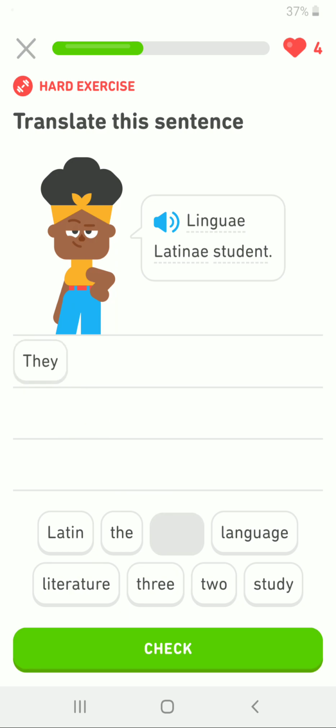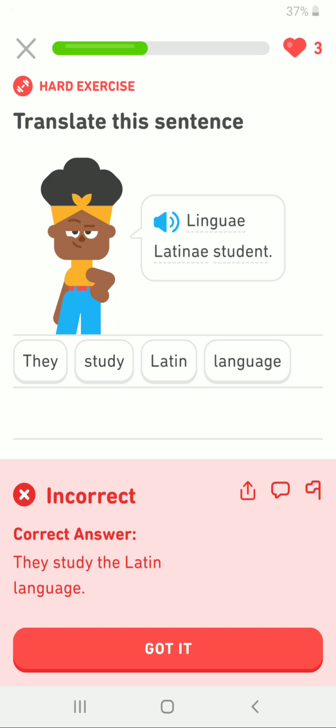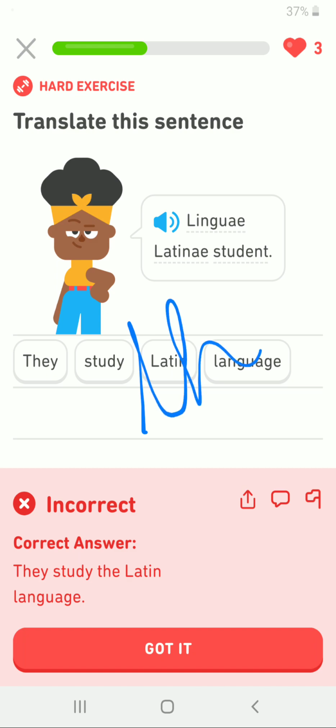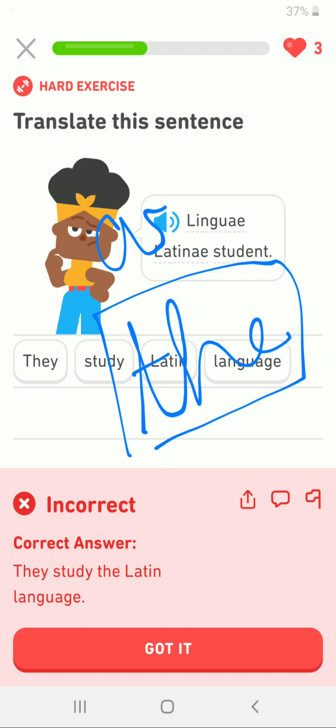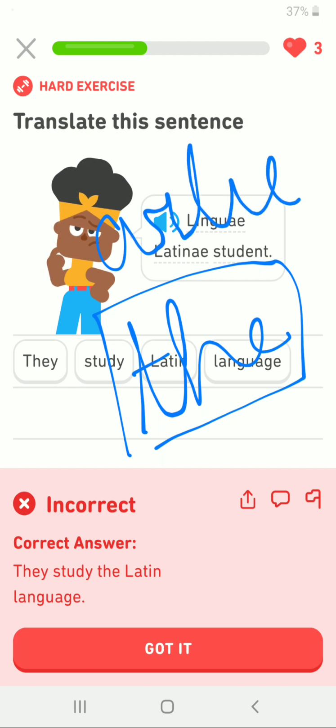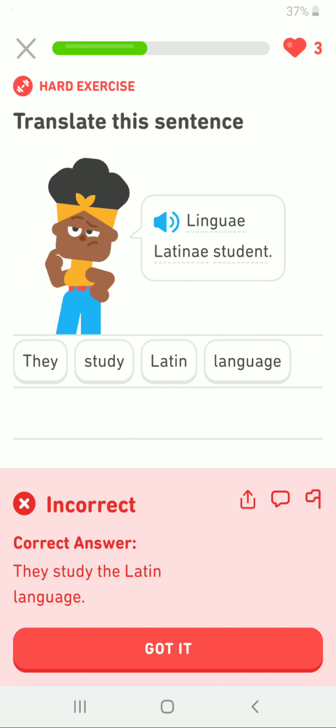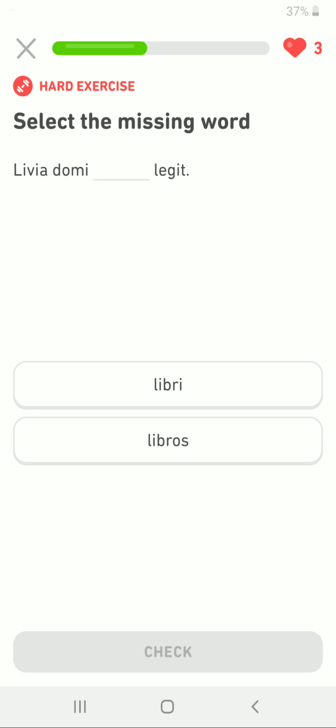So they study Latin language, and the Latin language. This is a very bad mistake because we still have to use articles in English, whereas in Latin there are no articles. So that's why I got it wrong.